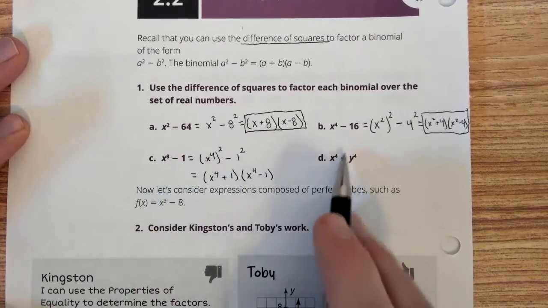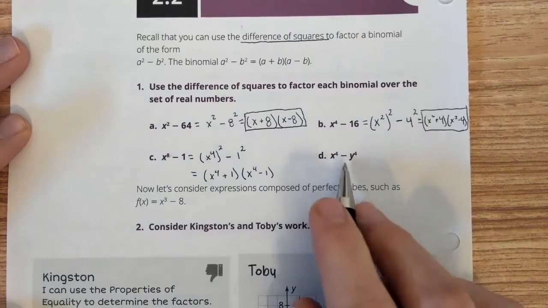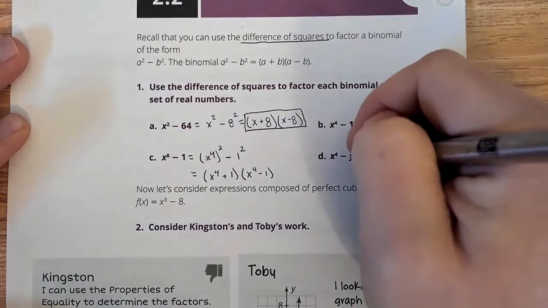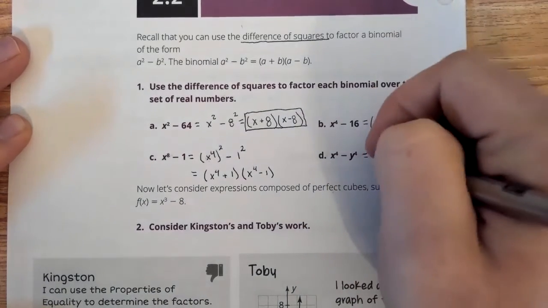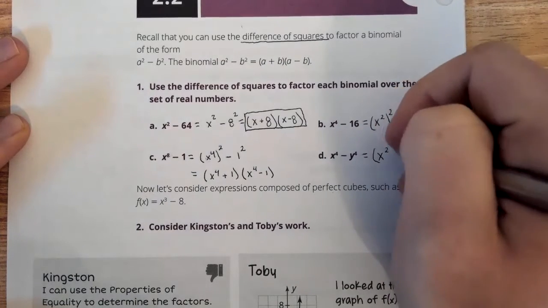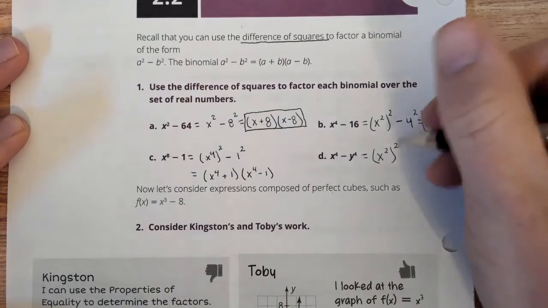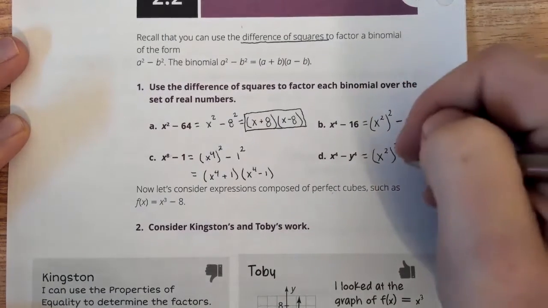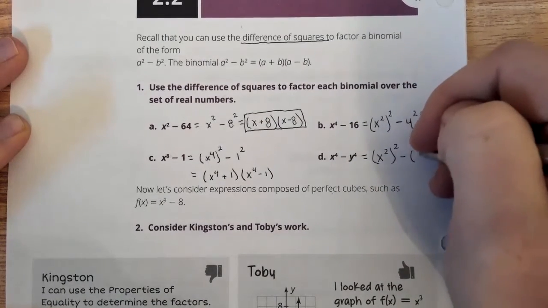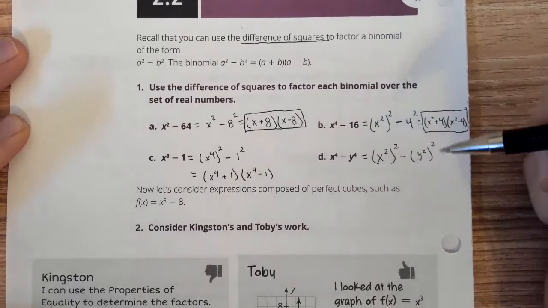All right, moving on to part D. I'll practice this one more time. Even if we have two variables, that is totally fine. We can still factor this. First, though, we're going to rewrite it in terms of perfect squares. So x squared squared is x to the power of 4. Y squared squared is y to the power of 4.